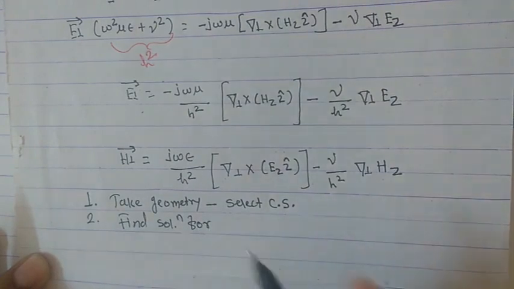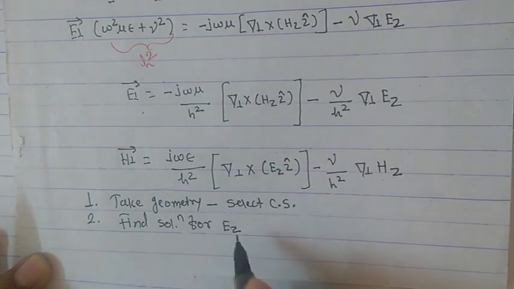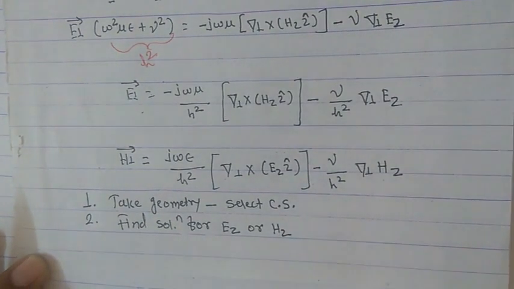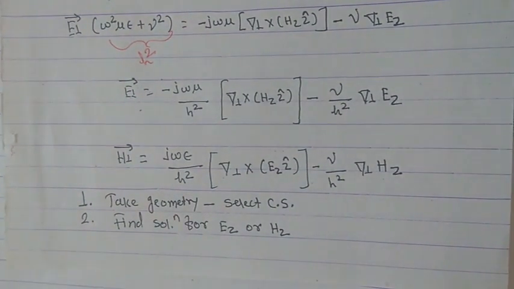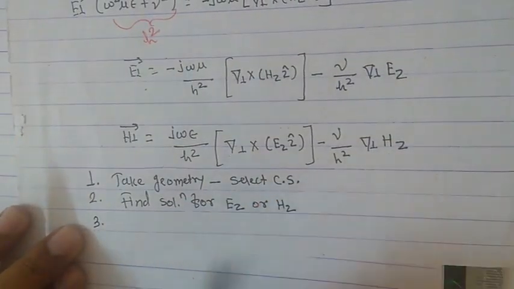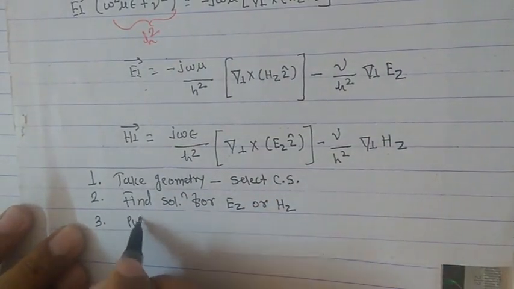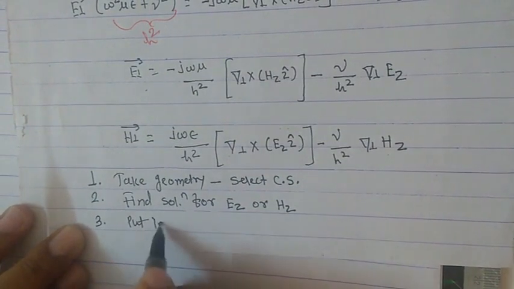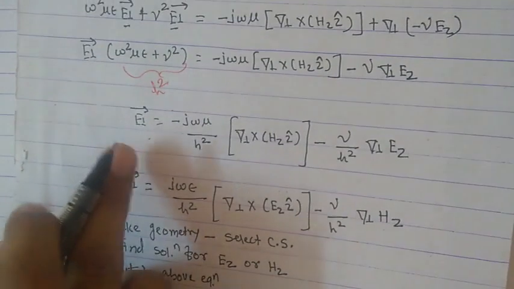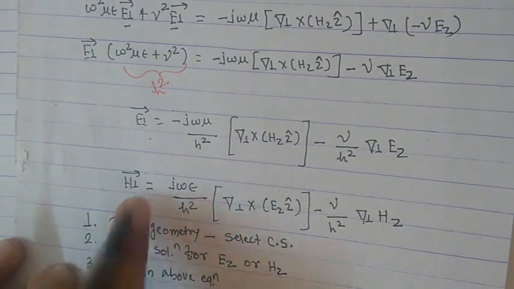Second step, find the solution for your independent field components. These are Ez or Hz, depending on the case. So find the solution for Ez or Hz, and then put this solution into the above equations. What do I mean by above equations? Above, you have E transverse and H transverse.